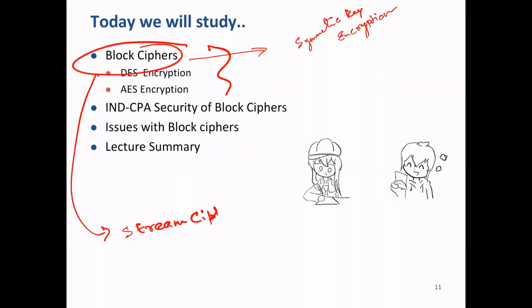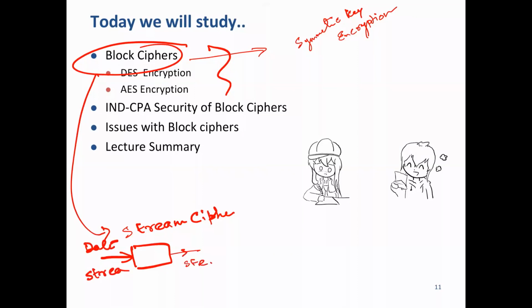We'll not go into stream ciphers because stream ciphers are like what we do in continuous media like OTT, etc. You have a stream of data coming and you don't have too much time, so you just do something and send it. So input is a stream and output is also a stream.